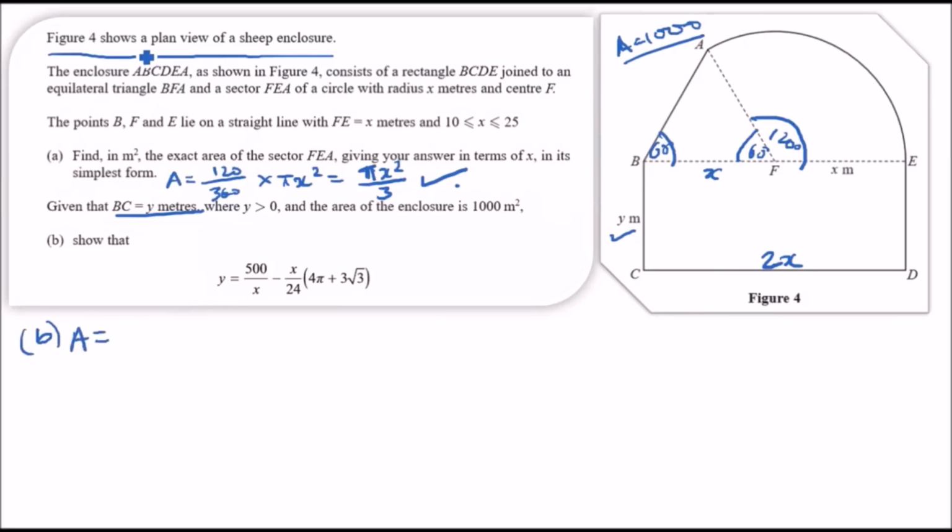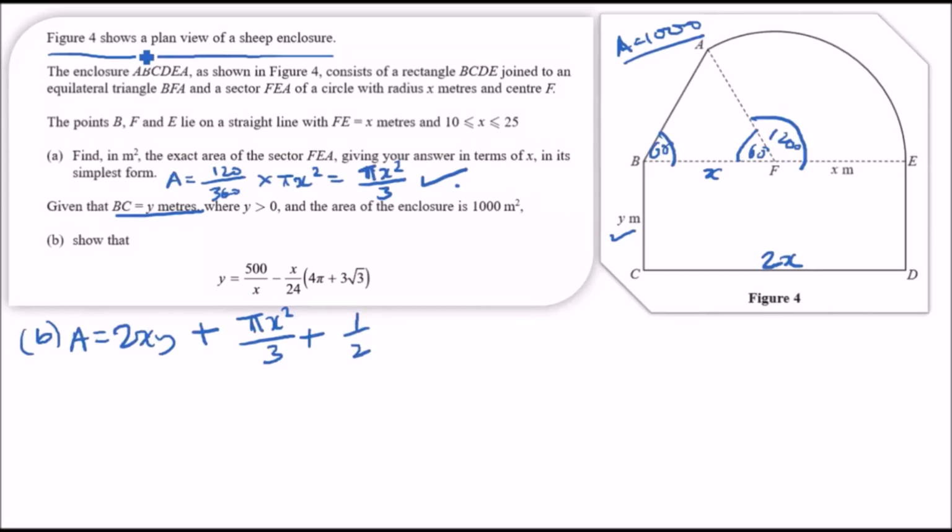To find the area, we simply need to find the area of each different shape and sum them up. The area of the rectangle is easy: base times height, so 2x times y is just 2xy for the rectangle, plus the area of the sector we found was pi x squared over 3, plus the area of an equilateral triangle, which is half base times height.